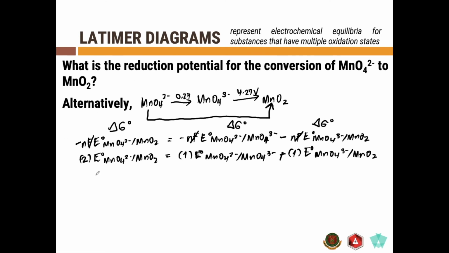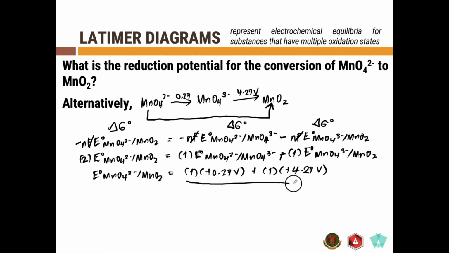So this should give you the E value for your MnO4 2 minus to MnO2 conversion being equal to 1 times plus 0.27 volt plus 1 times plus 4.27 volts over 2. So your E naught MnO4 2 minus to MnO2 should also be equal to plus 2.27 volts.